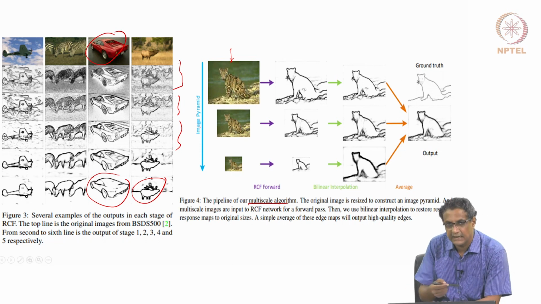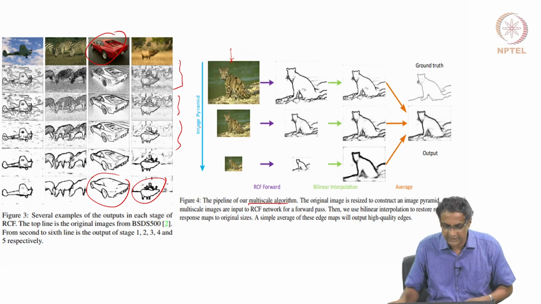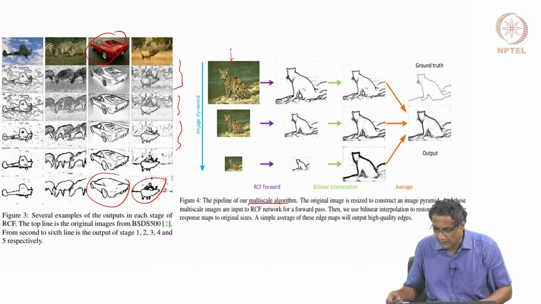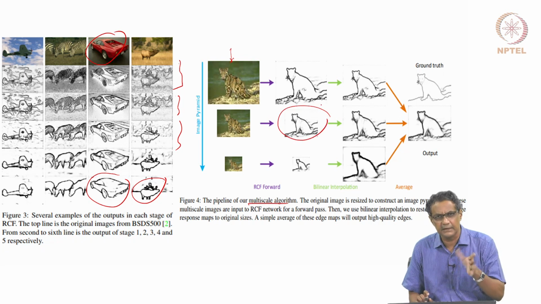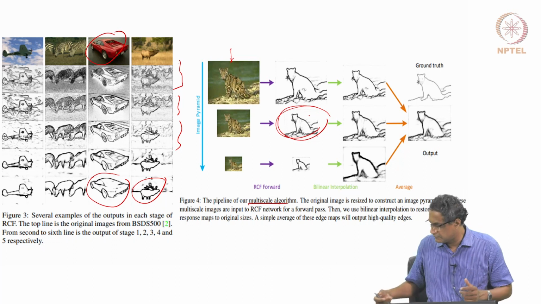Then if you scale it down, just as I talked about the Gaussian scale space, you blur it, scale it down, and pass it through the same network, you get an output which is reduced in size.